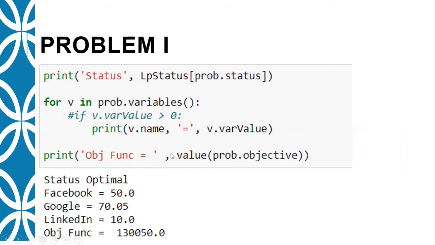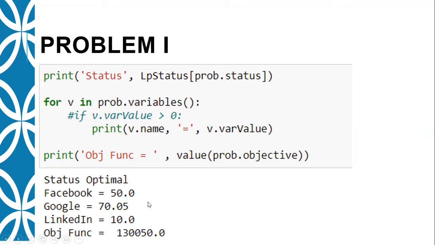On solving our problem, we find that we need 50 slots of Facebook, 70 slots of Google, and 10 slots of LinkedIn. And we get a maximum exposure, under the available constraints, of 1,30,000.